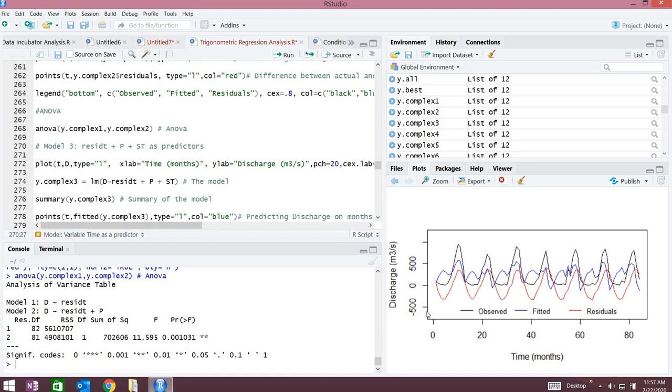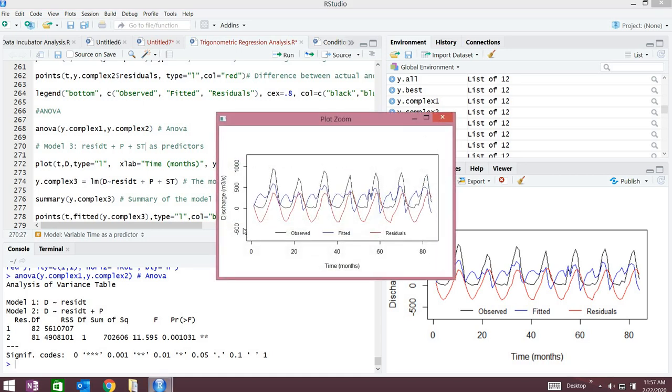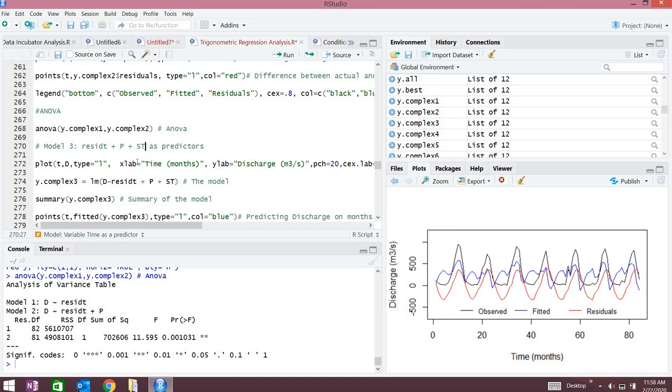The ylim is just to adjust the y component here, where the plots should go. If it goes below that, you have to increase. Minus 700 is below minus 500, so we stop at minus 500.